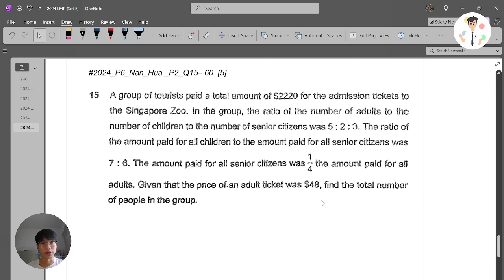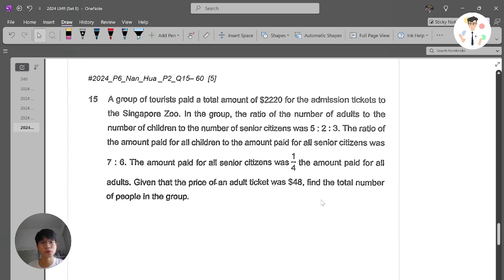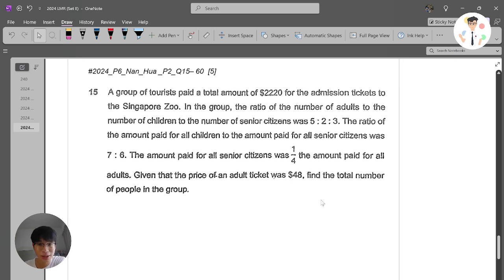A group of tourists pay a total amount of $2,220 for the admission tickets to the Singapore Zoo. In the group, the ratio of the number of adults to children to senior citizens was 5 to 2 to 3. So again, let me just write down here first.